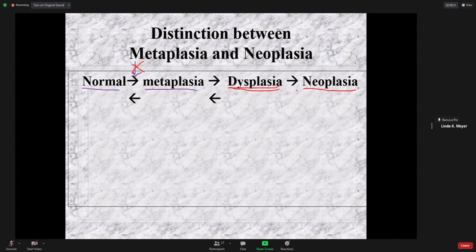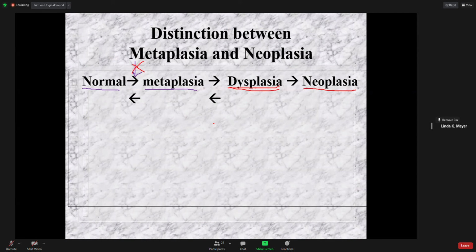So those are the disturbances of growth: hypertrophy, hyperplasia, which often occur together, metaplasia, and their distinction from neoplasia.